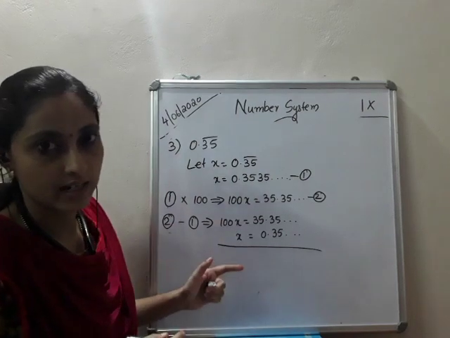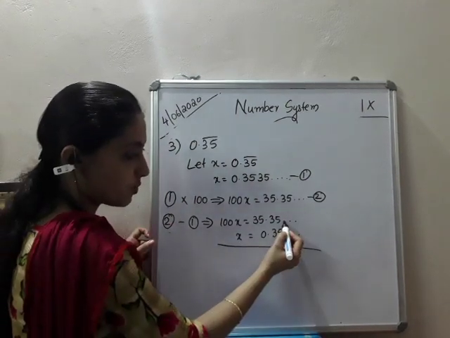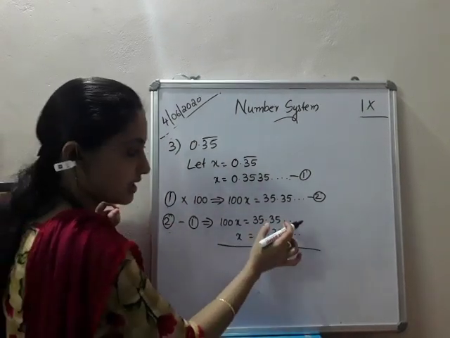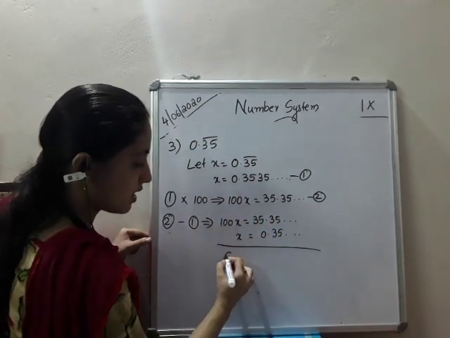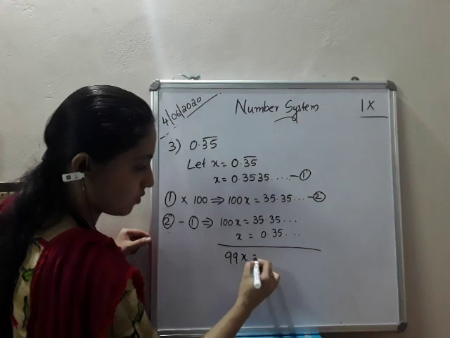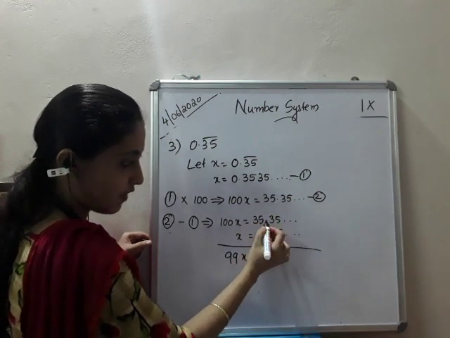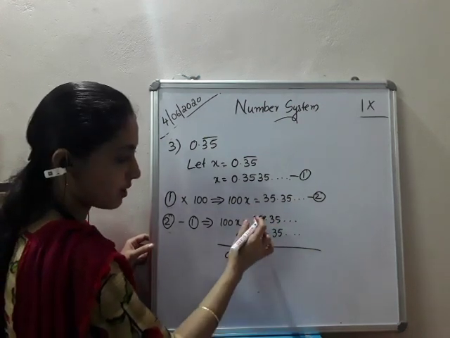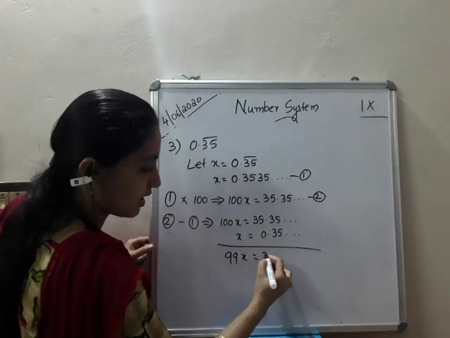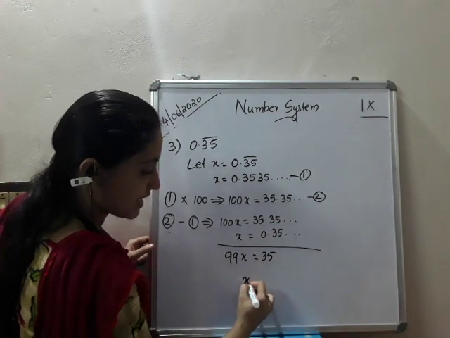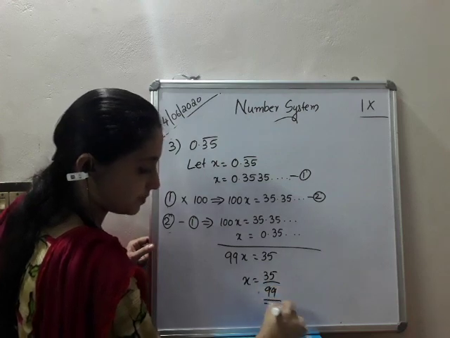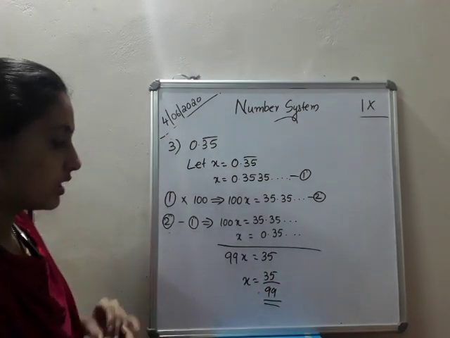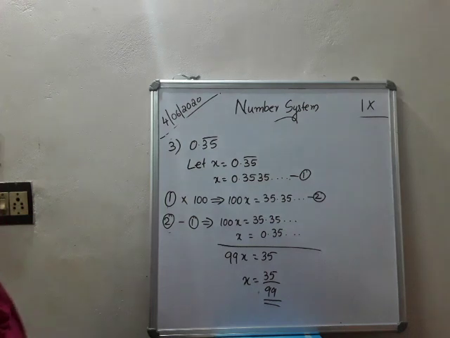That will be terminating. So don't forget to put the etc. That is dots here. So 100x minus x is what? 99x is equal to, here after the decimal places that will be cancelled. So remaining 35 minus 0 is what? 35. So x will be equal to 35 by 99.